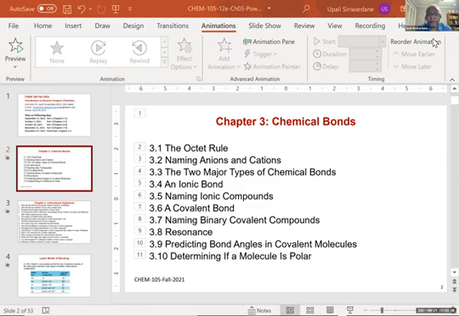Ionic bonding is made up of attractions between cations and anions, atoms of elements that gain or lose electrons to form ions: positively charged ions, cations, and negatively charged ions, anions. So we looked at the naming of ionic compounds.